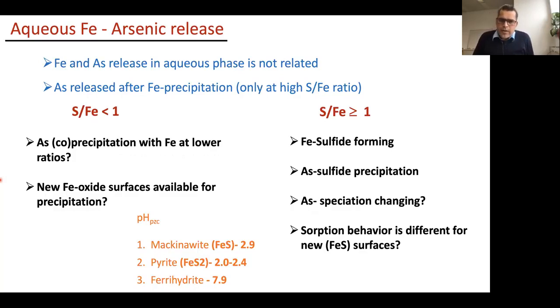But when we talk about iron sulfide, the system is moving towards mackinawite and pyrite, more generally arsenic iron sulfide species. Mackinawite has a PZC value of 2.9, so quite acidic, and pyrite is also in the same range, but even lower. What that means is that the surface charge under these different conditions will be different, so the sorption behavior will be different. So that might lead to the release of arsenic.